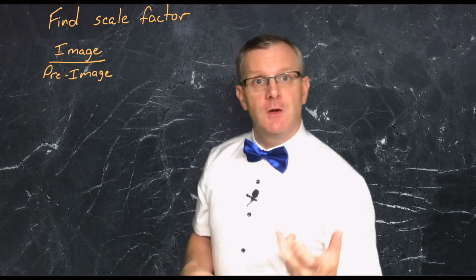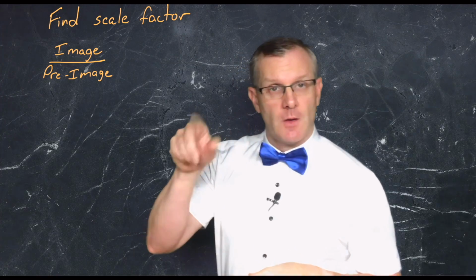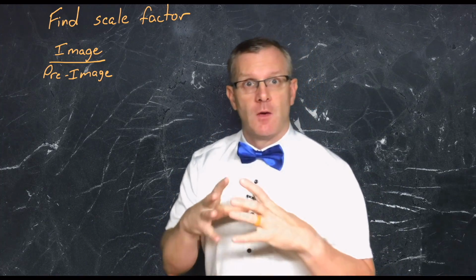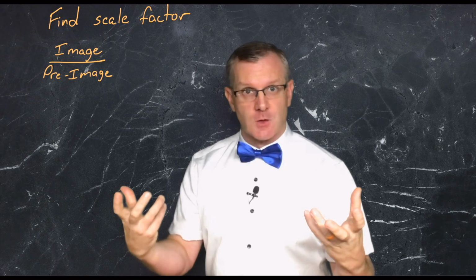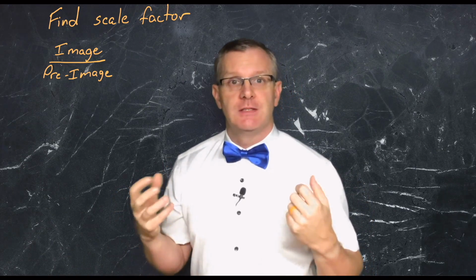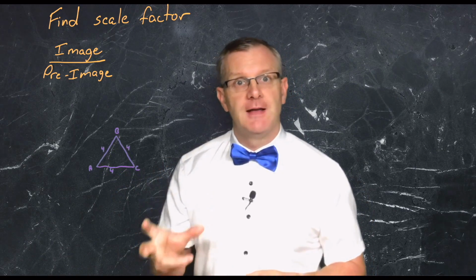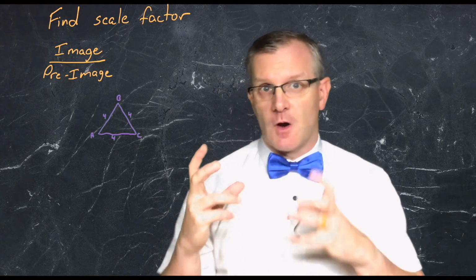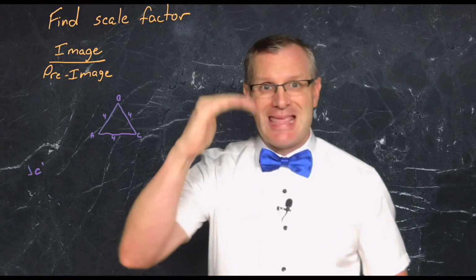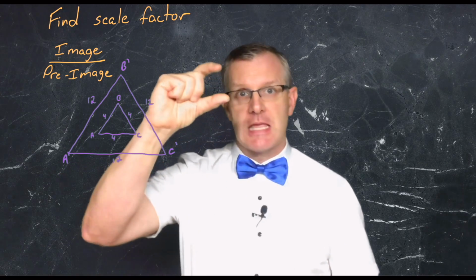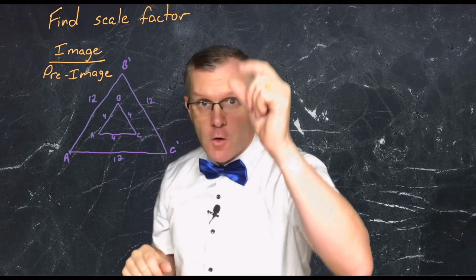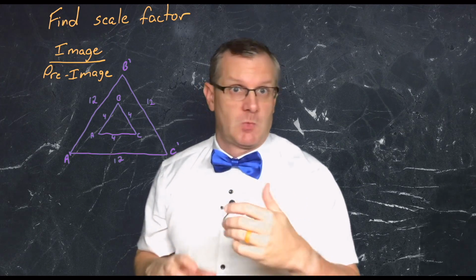All right, ladies and gentlemen, we're looking at finding the scale factor from an image and a pre-image. So we're given our pre-image, triangle ABC, and our image after some type of dilation. Finding the scale factor is always a division problem of image over pre-image, new over old. Think about it alphabetically, N comes before O in the alphabet.